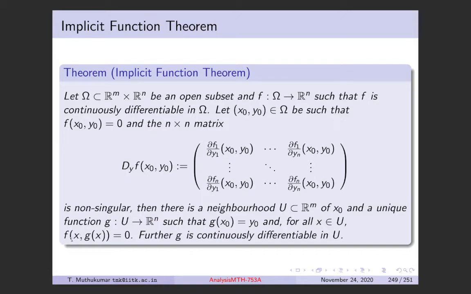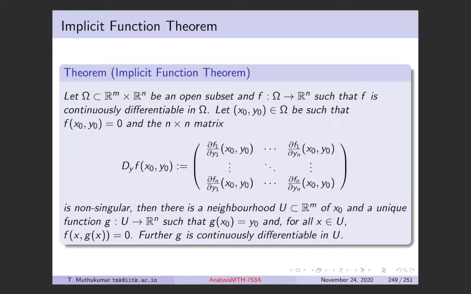Further, we have that f of x comma g of x is 0 for all x in u, and this g is continuously differentiable. So given an f, which could be in implicit form, you can obtain a neighborhood u and a function g, where g is the explicit form of that function in that domain u.